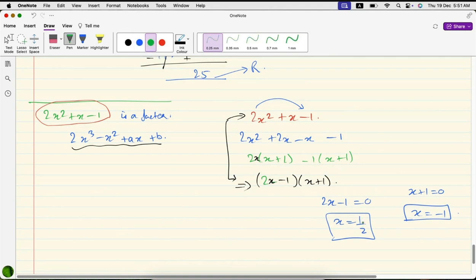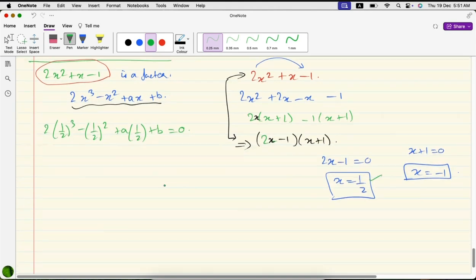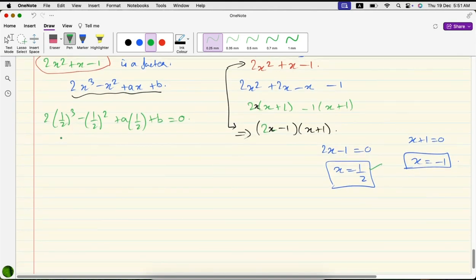So first I'm going to substitute 1 by 2. This is 2 into 1 by 2 cube minus 1 by 2 square plus a into 1 by 2 plus b, and we write it 0 because it is already given, it is a factor, so remainder will be 0. 8, this is 2, 1 by 4 minus 1 by 4 plus a by 2 plus b is equals to 0.